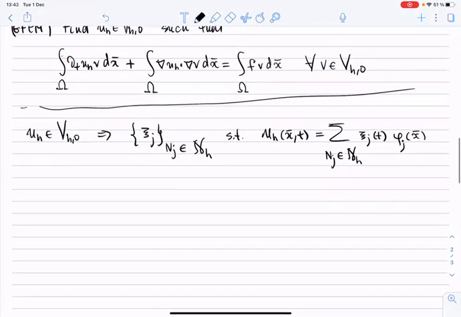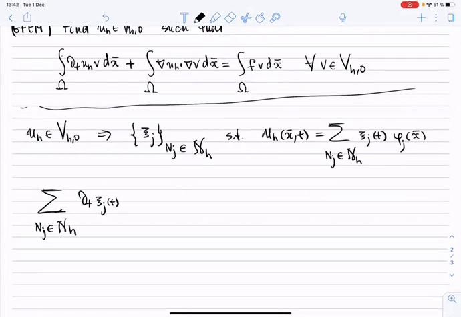In other words, we are getting this system of equations: sum over j from this set of interior points, and here we have dt psi_j of t, because psi depends on time.